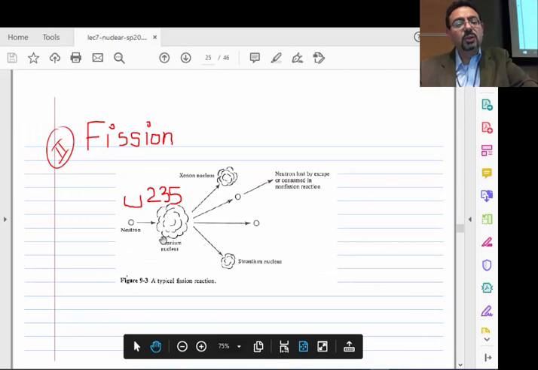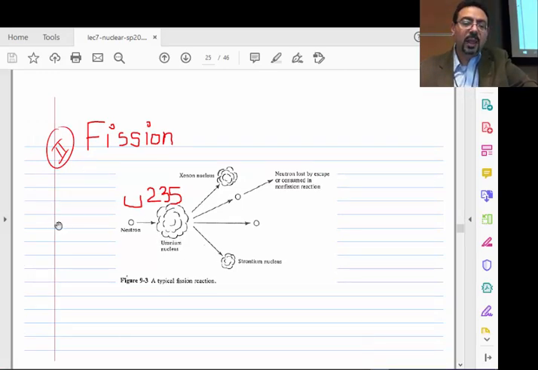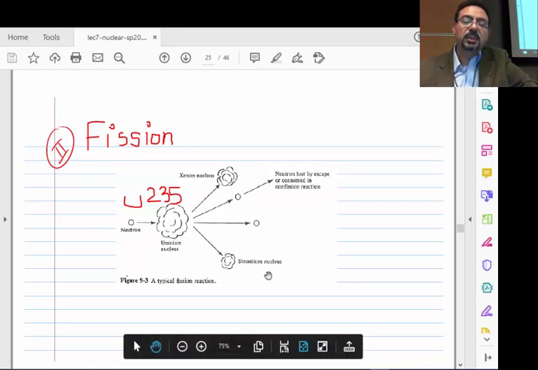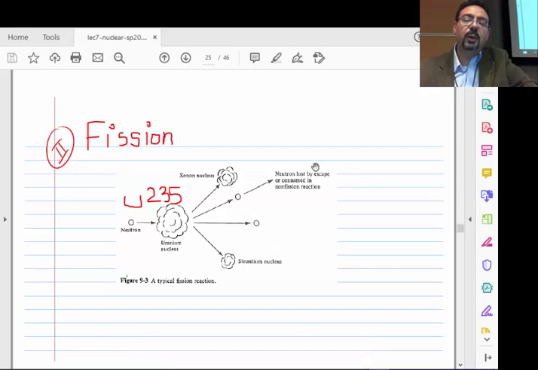Right? So here's a cartoon of what's happening. So U-235 and a neutron come and hit, split it into xenon and strontium, and 2 neutrons are generated, and hopefully one of them will make it to the next atom. Now this guy, in order to hit, you would think that he needs to be really fast, but no, actually he needs to be a little bit slow so that he can get here and break it.